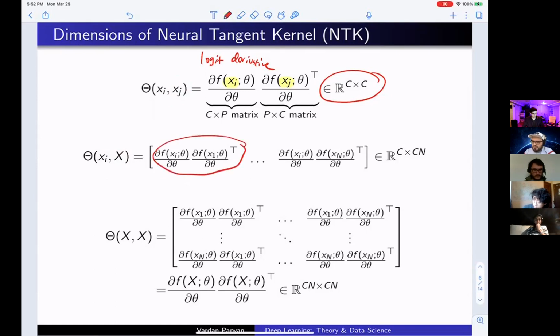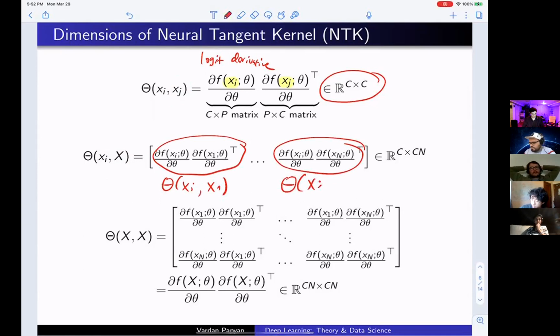Basically, here you would take theta of xi and x1, and here you would have theta of xi and x capital N, right? So just stacking together C by C matrices.